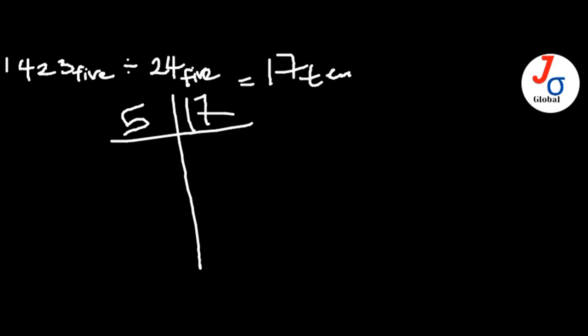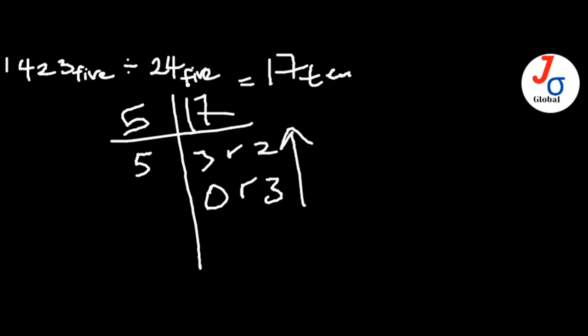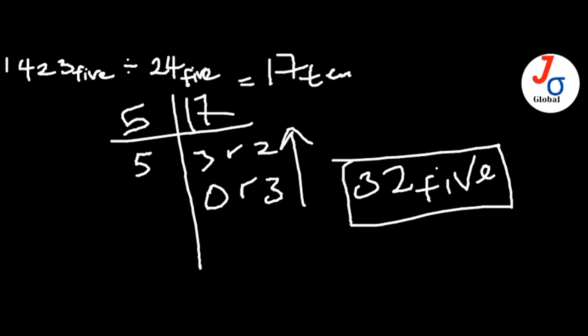Pardon me. Then 3 divided by 5 is impossible, so it is 0, remainder 3. And so my answer is going to be 32 base 5. So that's our final answer to this question.